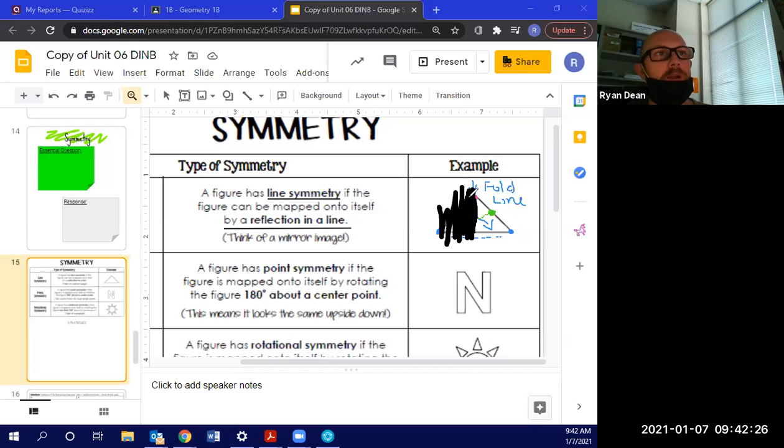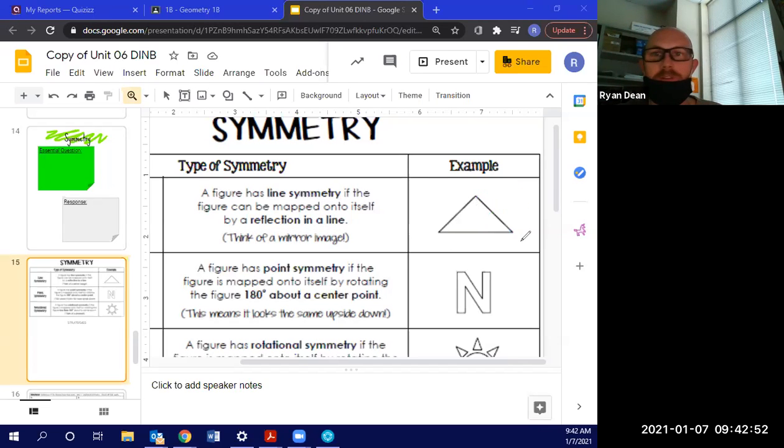If this was my line, I would only trace this piece right here, because that's the piece that's covered up. And then what I could do is flip my paper over to the other side and see if this piece matches when it gets flipped over. So there's multiple ways that you can do this with a piece of paper at home. Okay, so just be aware of that.